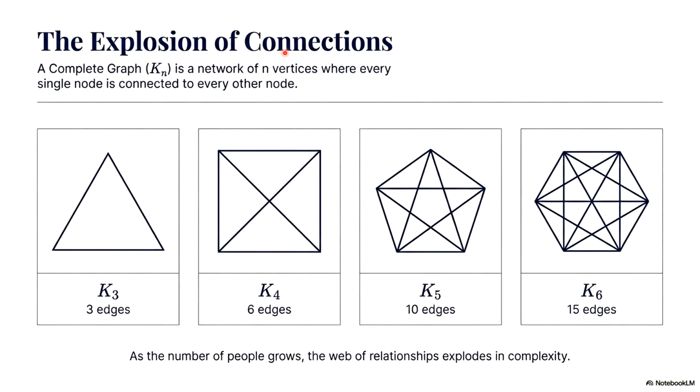The explosion of connections. A complete graph, K sub n, which I've talked about in previous lessons, is a network of n vertices where every single node is connected to every other node. So I have K 3, 4, 5, and 6. And the point here is that as you get into more complex graphs, there's certain guarantees of structures existing in those graphs.